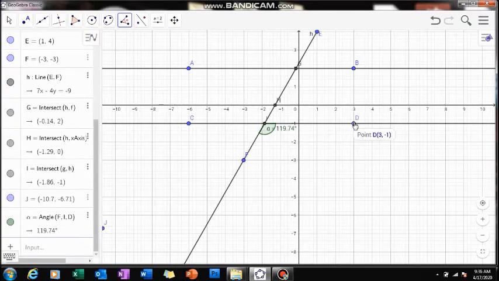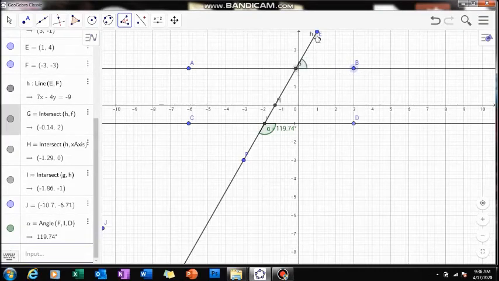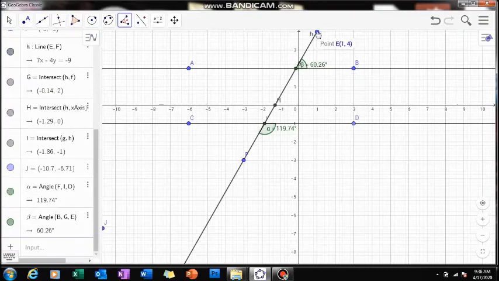FID is equal to 119.74 and BHE is equal to 60.26. So now please sum alpha and beta. It will be equal to 180, right? Okay.